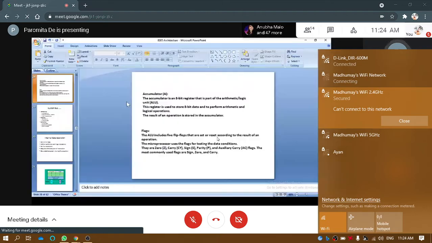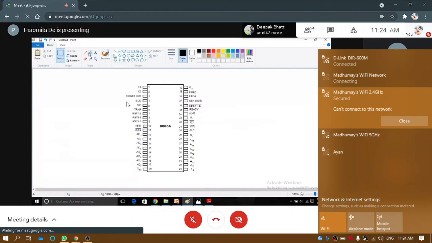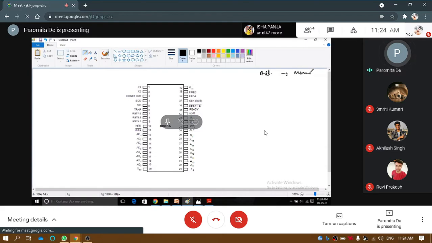So that means if I'm doing an addition operation, one operand is in my memory location and the other is in the accumulator. So these two will be added.